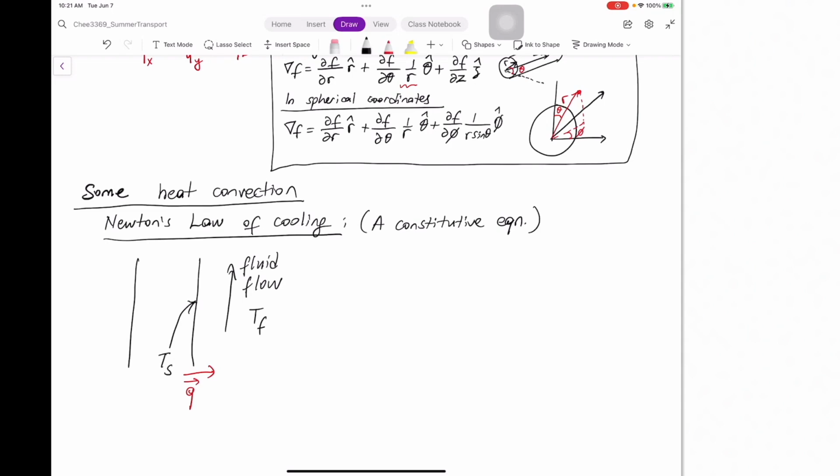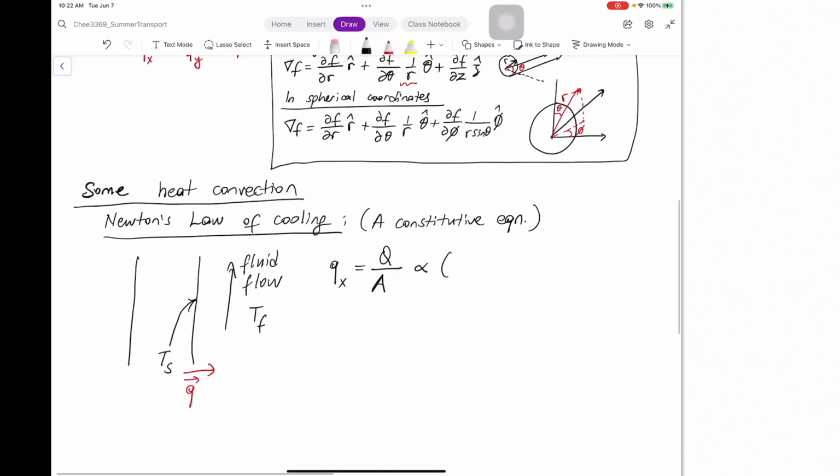Okay. And what Newton's law of cooling tells us is the following. Qx, or the flux perpendicular to the surface, which you can also say is the rate of heat flow divided by unit area, is proportional to the difference in the temperatures, Ts minus Tf.